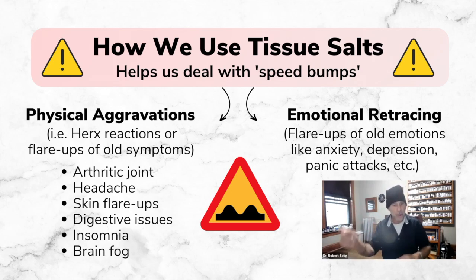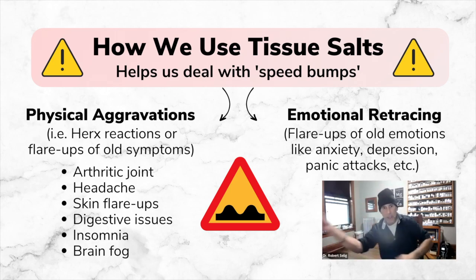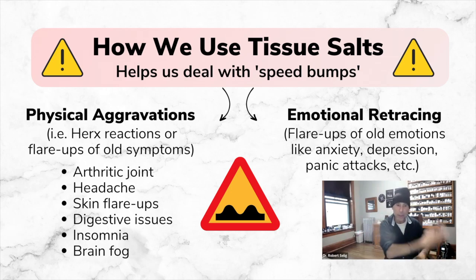And so we can use the tissue salts to help placate the physical aggravations we get or the emotional retracing we go through. So if we had anxiety as a child and we see that we're going through a retracing, we may get anxiety during a mineral balancing program, but the tissue salts will help to alleviate that anxiety to get us through it so we don't quit the program.